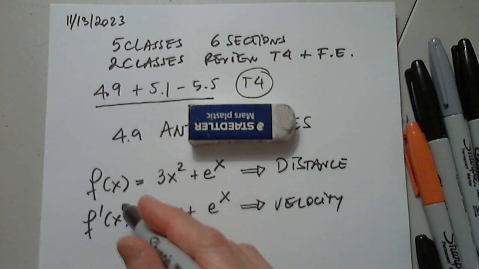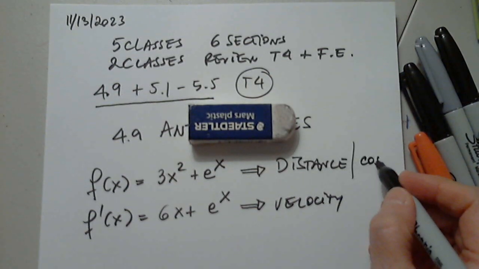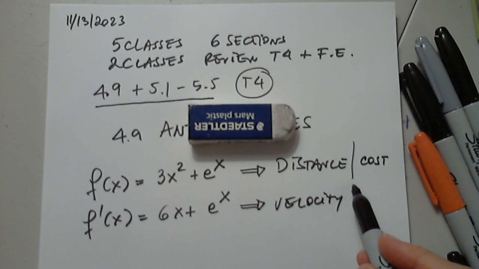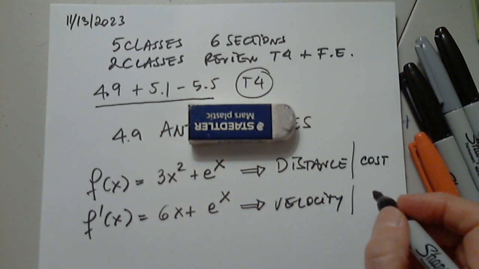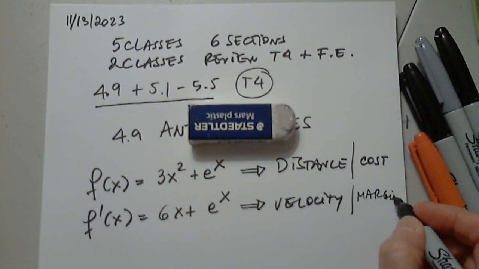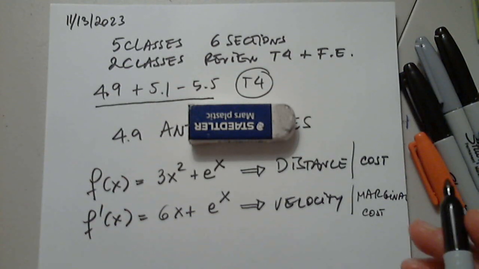What if I have a function that, let's say, is the cost function? Not the distance, but the cost. And I differentiate it. What will this represent? Cost over time. Yes. So the rate of change of cost with respect to number of units or whatever. It has a special name, marginal cost. But you're right.